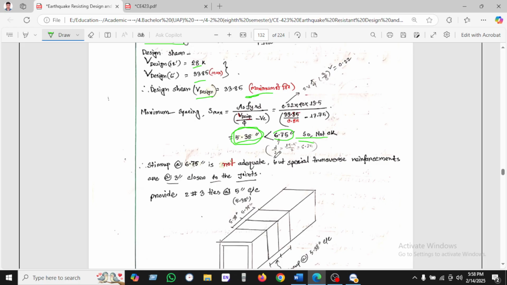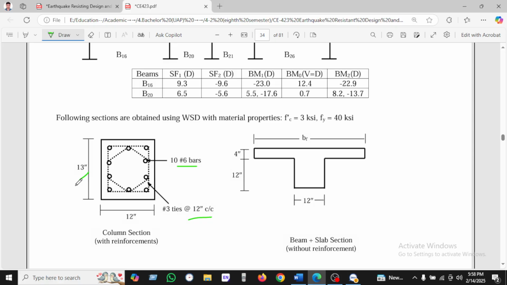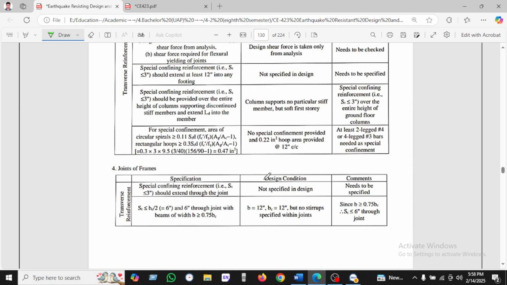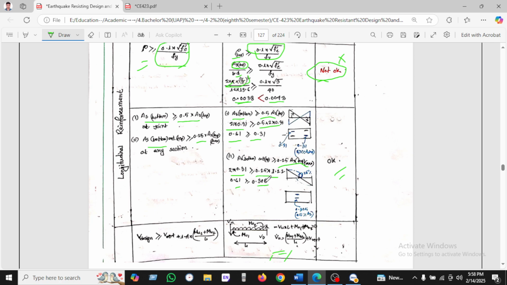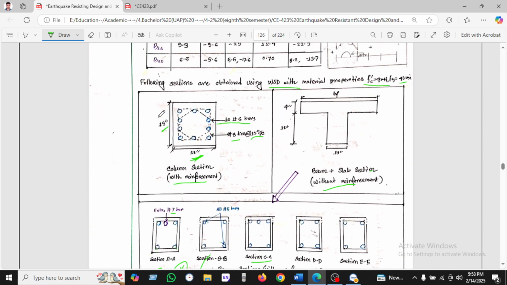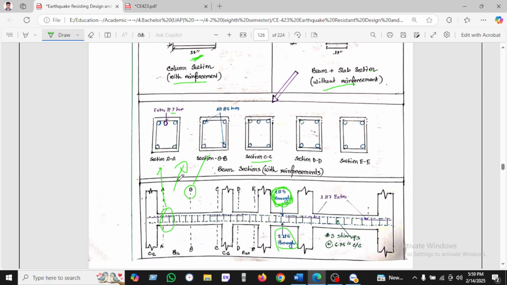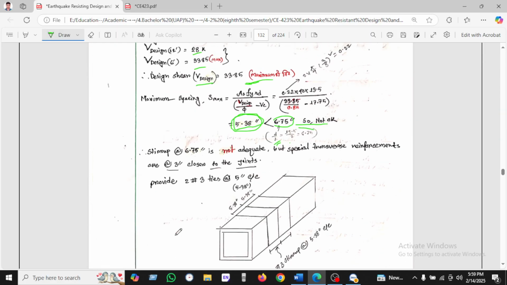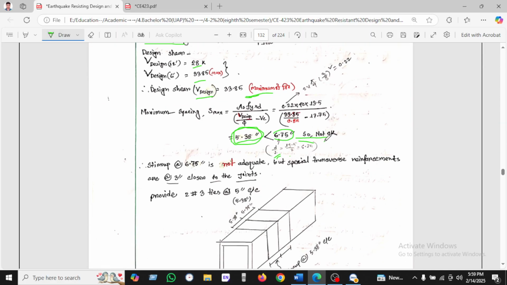Okay, 6.75 is d divided by 2, which is, we know, 13.5. This will be 13.5 divided by 2, which will be 6.75. So these are not okay. We have to redesign.